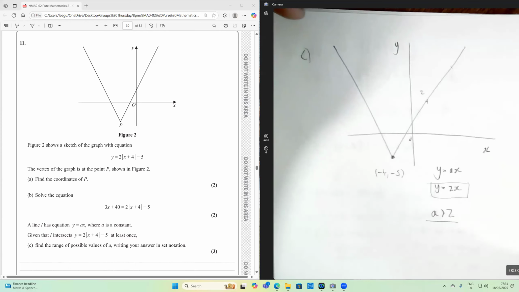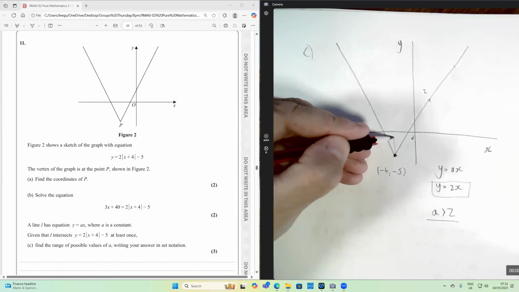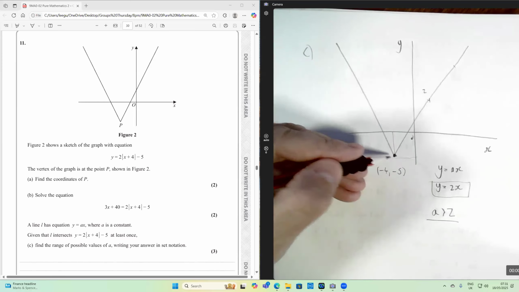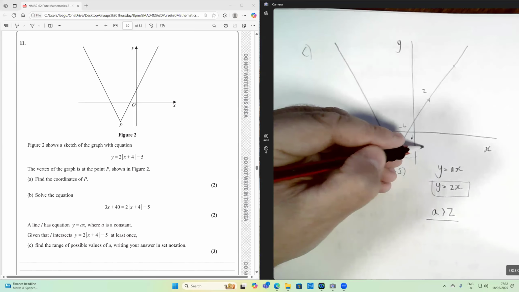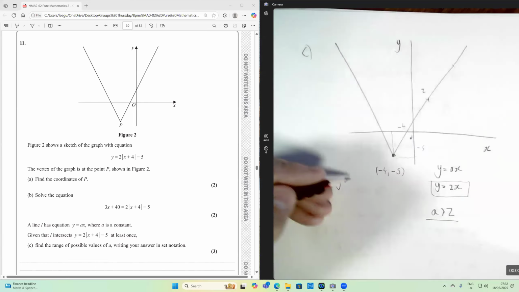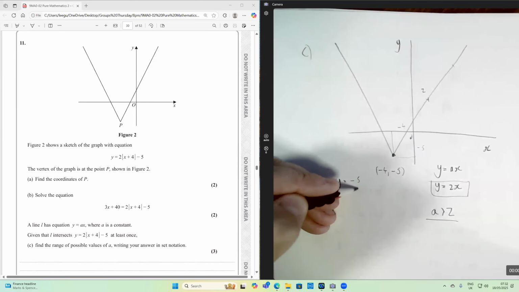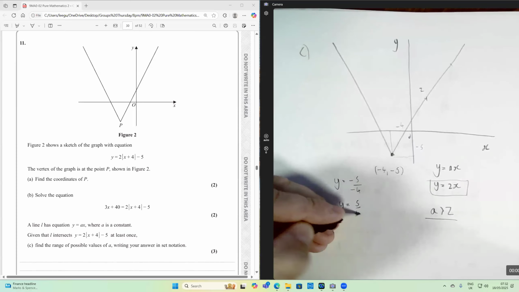So actually, let's represent that on our graph like that. So we've got -4 along the x, and we've got -5 down the y. So the gradient, being rise over run, is going to be like -5 over -4. In other words, the gradient here is 5 over 4.